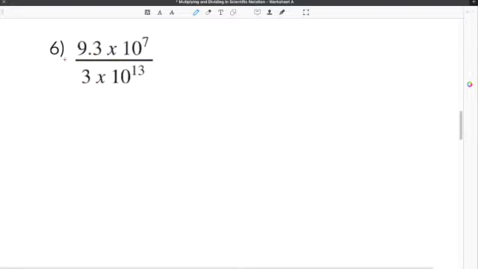The last problem we're going to do to show you how to divide in scientific notation is number 6. This problem gives us 9.3 times 10 to the 7th divided by 3 times 10 to the 13th. Once again, we'll take our coefficients, which are 9.3 and 3, and we will divide them. So 9.3 divided by 3.